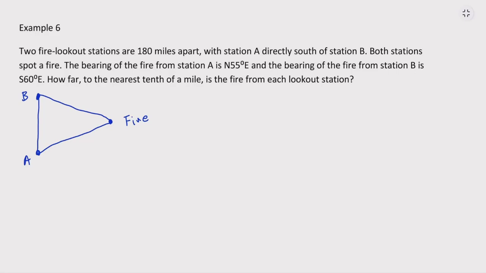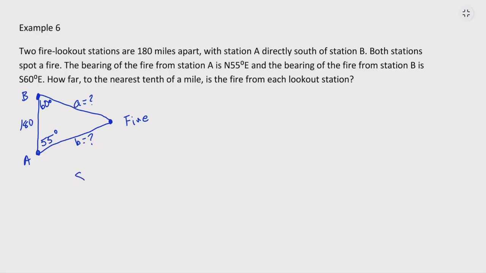And it tells us that the two lookout stations are 180 miles apart, so this would be 180. And the bearing for Station A to the fire is 55 degrees, and for Station B is 60 degrees. So they want us to find A and B.